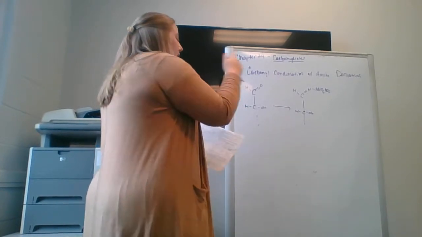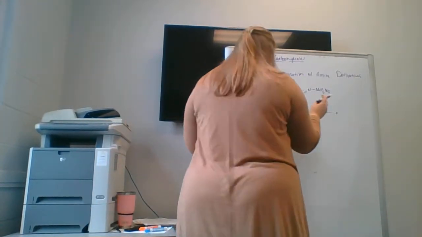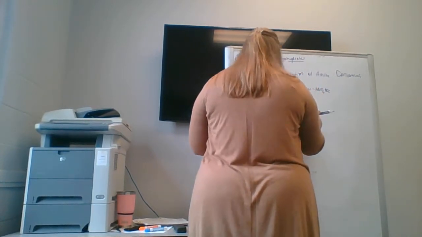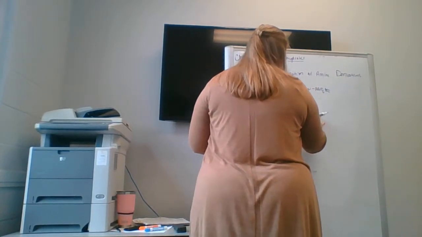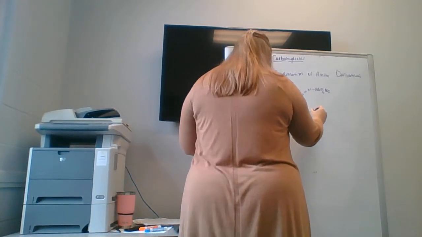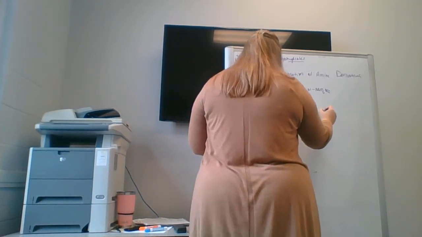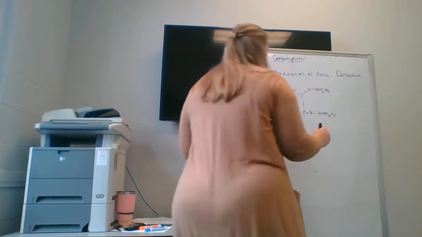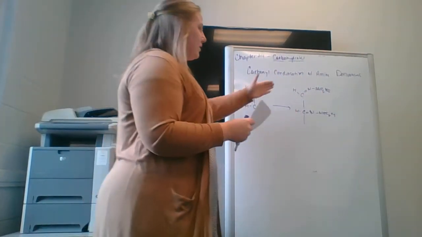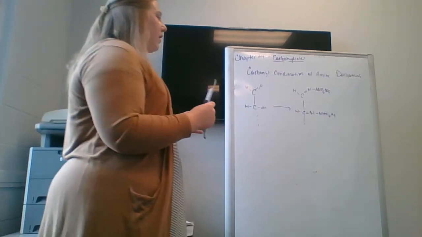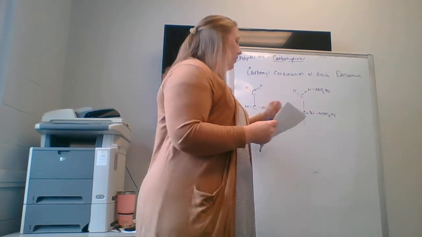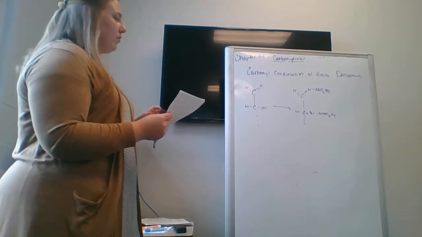If we continue with another round of this reaction, we're going to have the same structure, but we're going to again add it here as well. This is referred to as an osazone, okay? So when you have multiple of these amine groups added, you end up with an osazone.